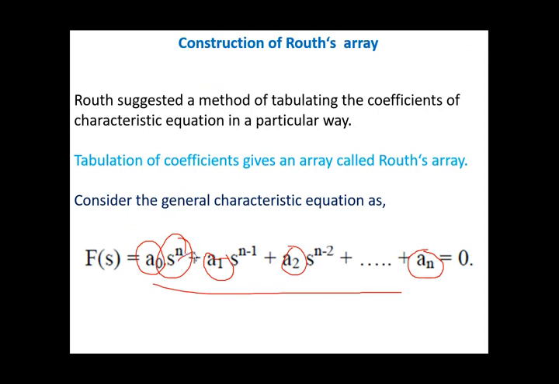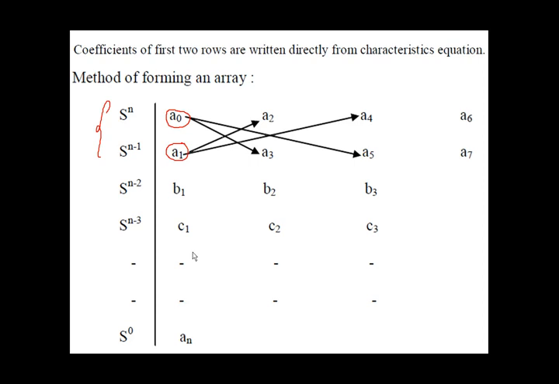Similarly, n is the maximum power here. So consider s power n. Next, s power n minus 1. If n equals 2, then it is 2 minus 1, that is s power 1, then s power 0. Or if it is s power 9, s power 8, s power 7, s power 6, till s power 0, you need to write.